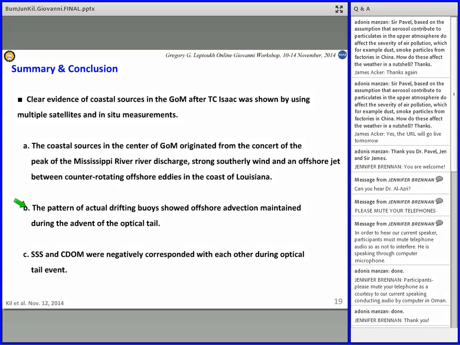The pattern of actual buoy trajectory consistently maintained offshore advection by simulating the trajectories based on the geostrophic surface flow. And the sea surface salinity and the CDOM absorption in the Gulf of Mexico were negatively correlated with each other during the optical tail event.